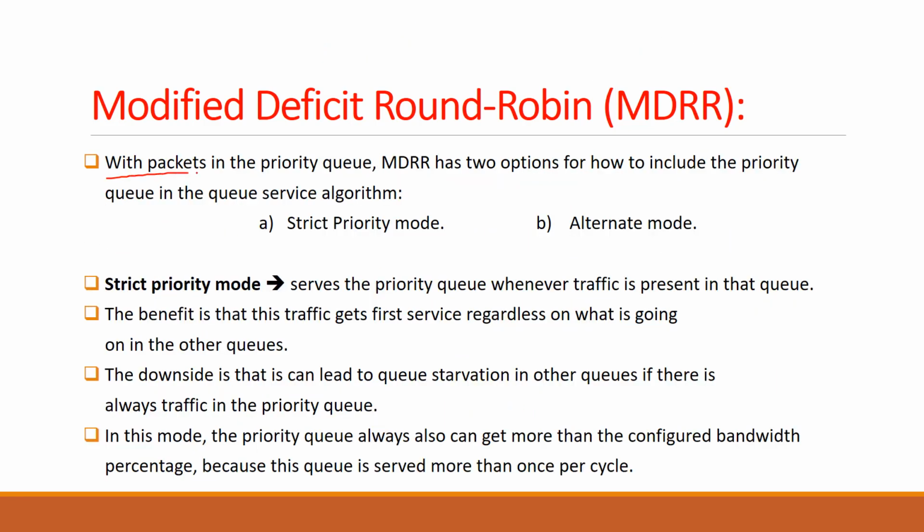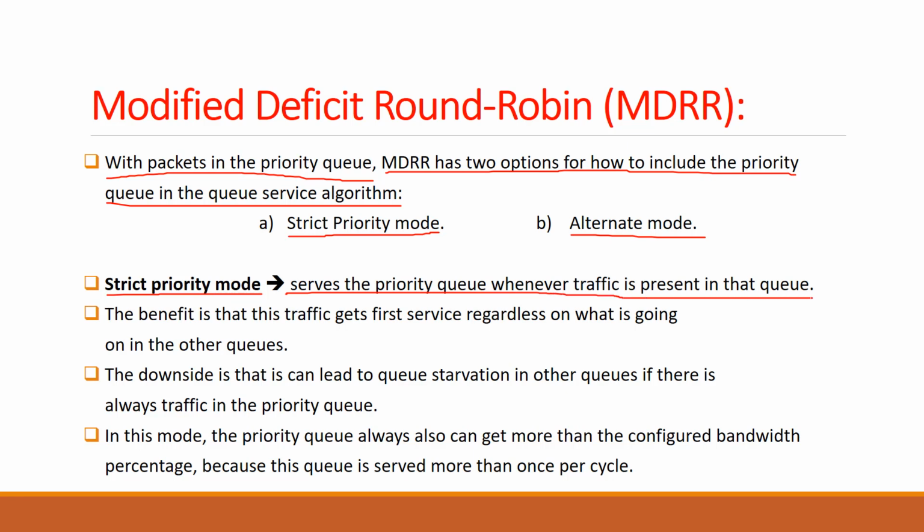So with packets in the priority queue, Mdrr has two options for how to include the priority queue in the queue service algorithm. The first one is called strict priority mode, and the second is alternate mode. The strict priority mode serves the priority queue whenever traffic is present in that queue.